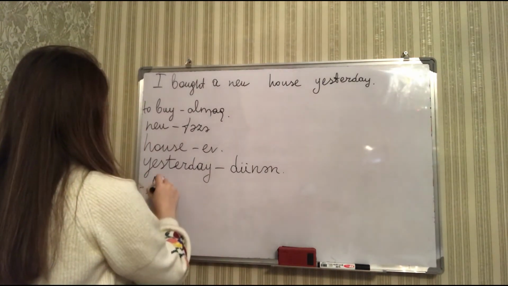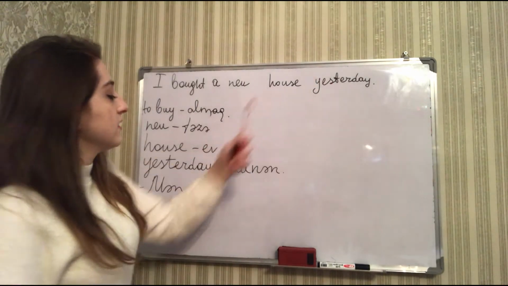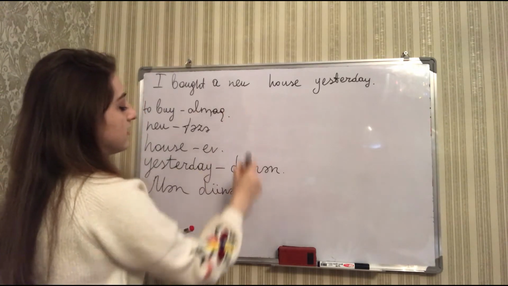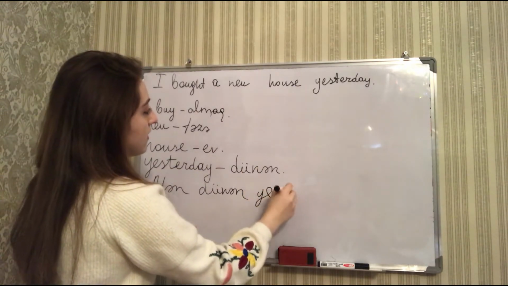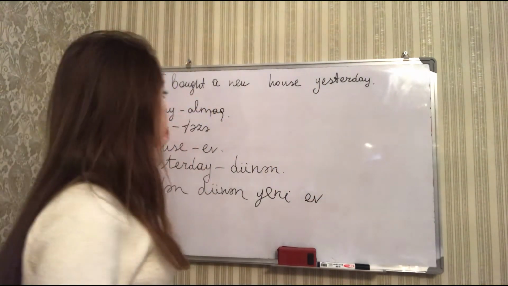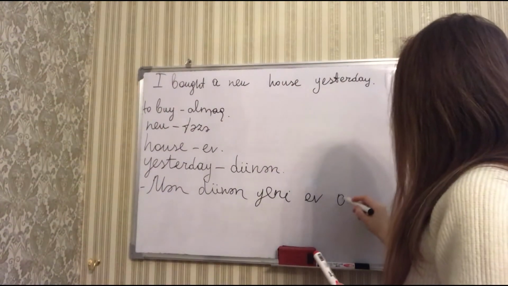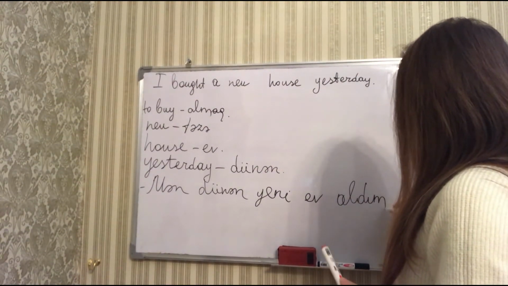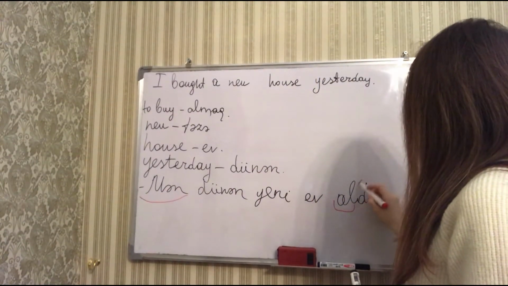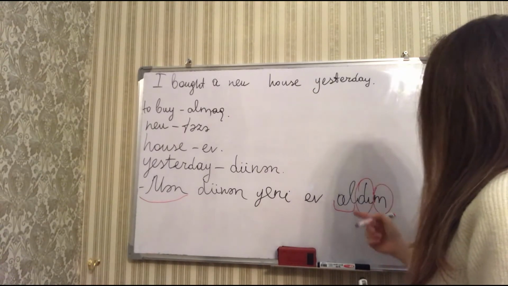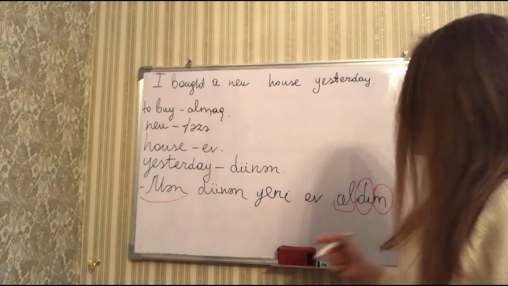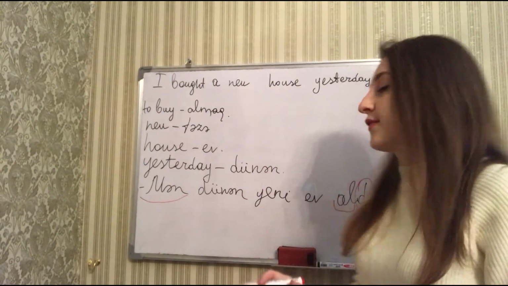Man, dünen yeni ev aldım. Ben aldım. Okay. Al is verb. The is the suffix of past simple and am is personal suffix.